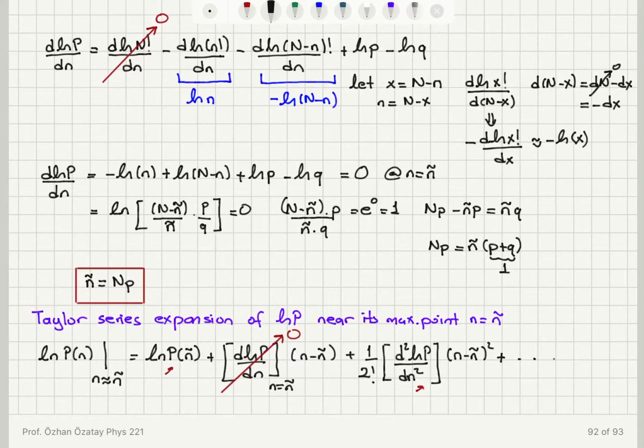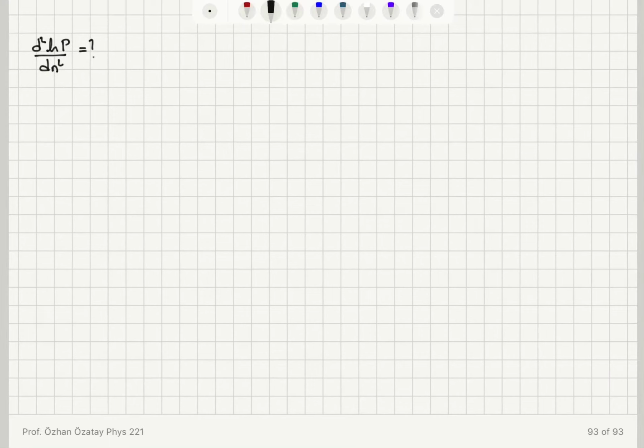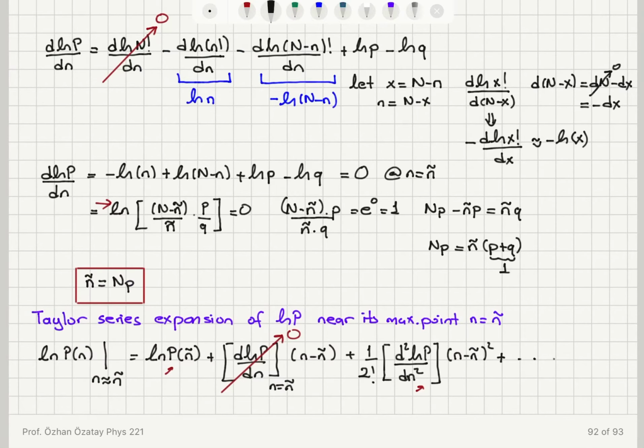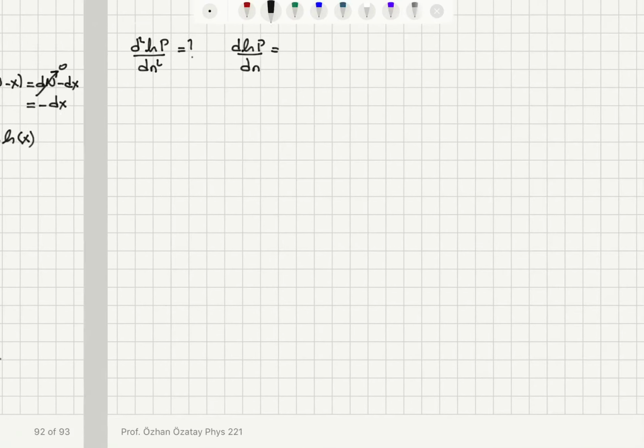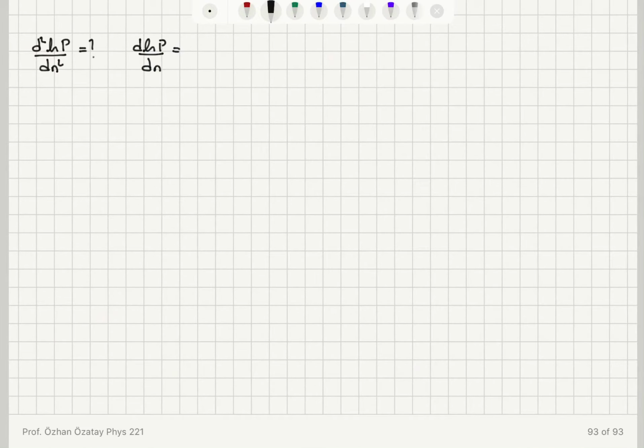For that, I look at the first derivative. The first derivative is here, basically. So this was the first derivative evaluated at n tilde. Okay, so let's copy the first derivative. The first derivative of ln p with respect to n must be equal to natural logarithm of capital N minus n divided by n multiplied by p divided by q.